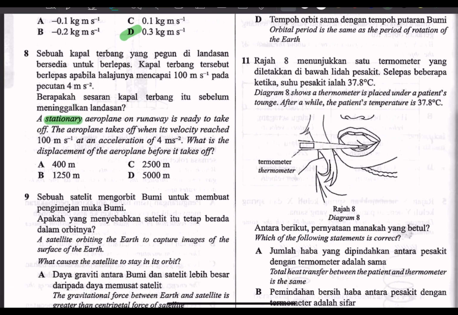So next question. A stationary airplane is ready to take off. The takeoff velocity must reach 100 meters per second, and the acceleration of the airplane is given. What is the displacement before it takes off?